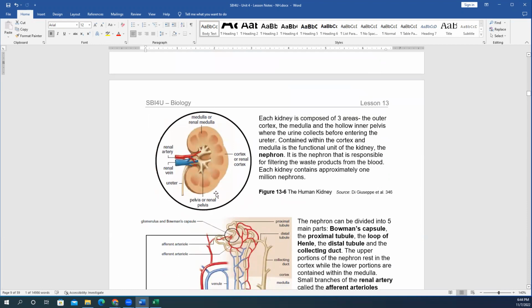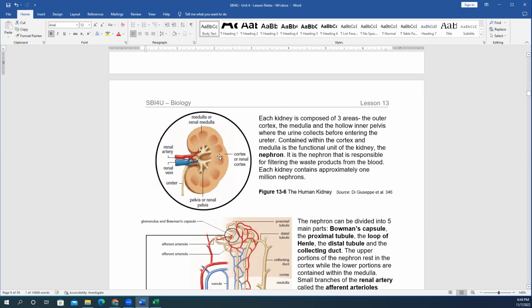If we zoom in and look at a cross-section of the kidney, we can see that the kidney is composed of three major areas. One is the outer layer, which is called the outer cortex or the renal cortex. The word renal means having to do with the kidney. Anytime you see the word renal, you know that it has to do with the kidney.